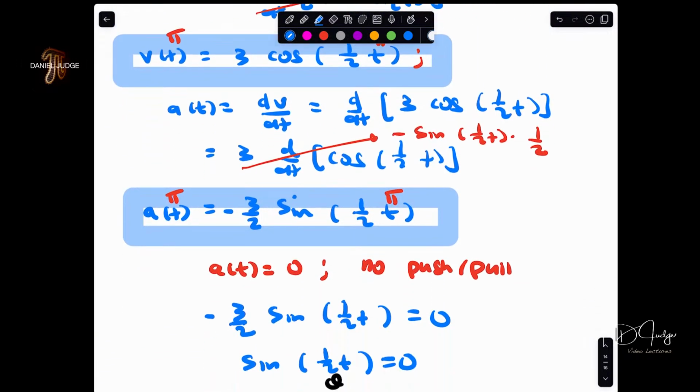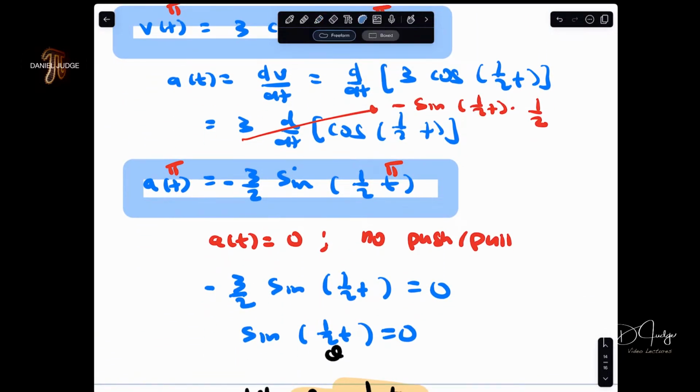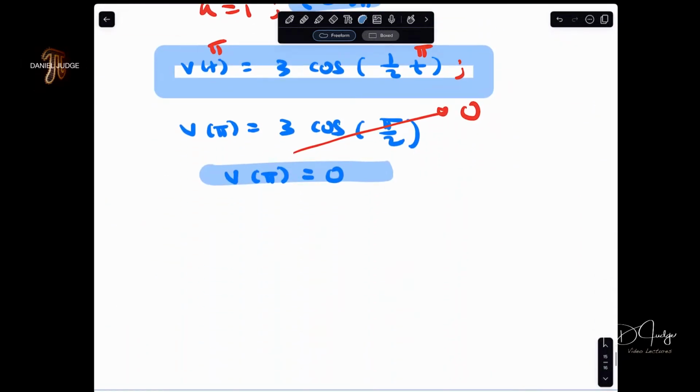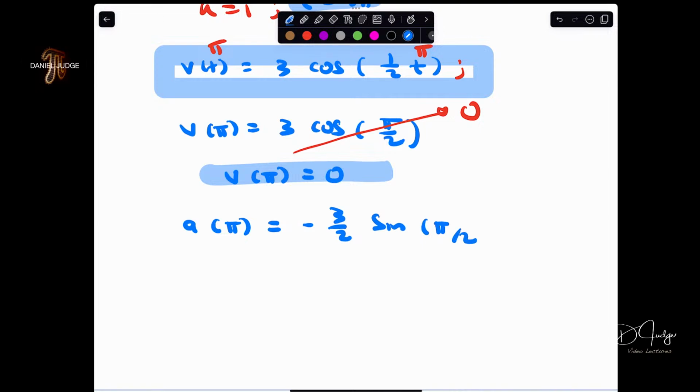Acceleration at pi right here. It's actually minus 3/2 sine pi over 2. So I'm going to do that here. Minus 3/2 sine pi over 2. Sine of 90 degrees is 1.